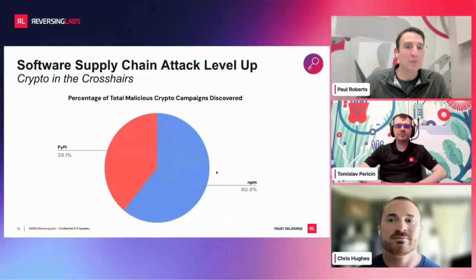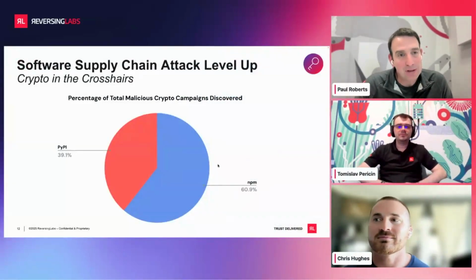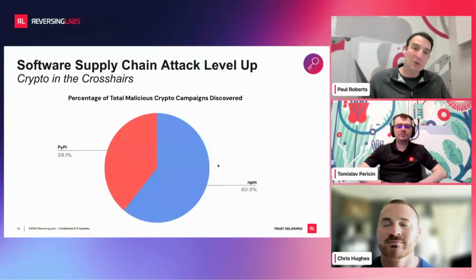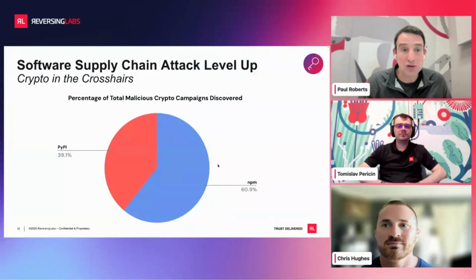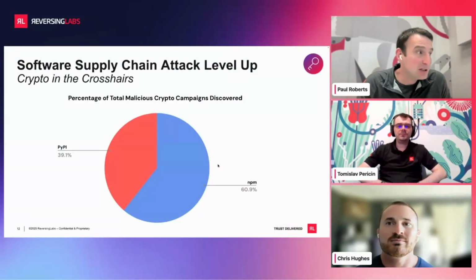Agreed. Okay, moving into some of the findings. One of the big trends we saw in the last year, and it's really not just the last year, it goes back further than that, is an increase in the level of sophistication of software supply chain attacks.